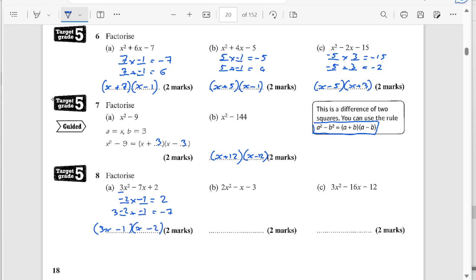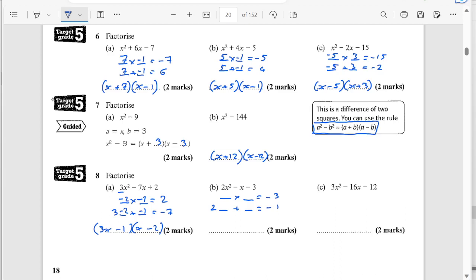And same principle, so two numbers that multiply together to make minus 3, and two lots of one of the numbers plus the other number add together to make minus 1. So it's got to be 3 and 1. One is negative, one is positive.